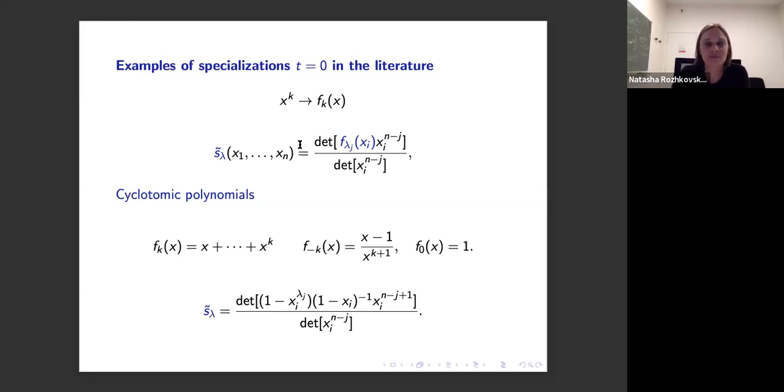So what happens here? Suppose that we put t equals 0 in the formula on the previous page. Then we would get a determinant of this kind, which is different from classical Schur functions in that instead of x to the power k, we put here some polynomial. For example, instead of x to the power k, we can put a geometric series here up to x to the power k.